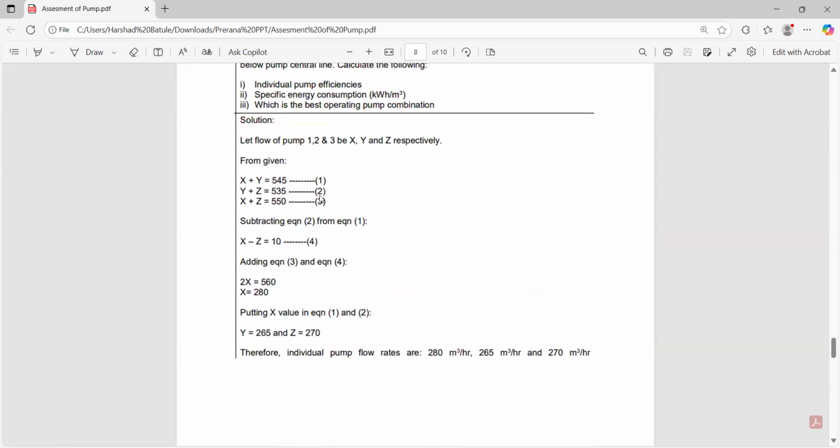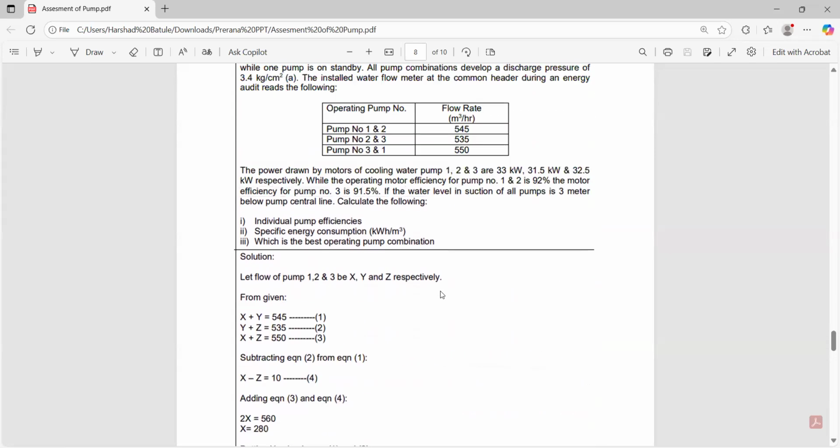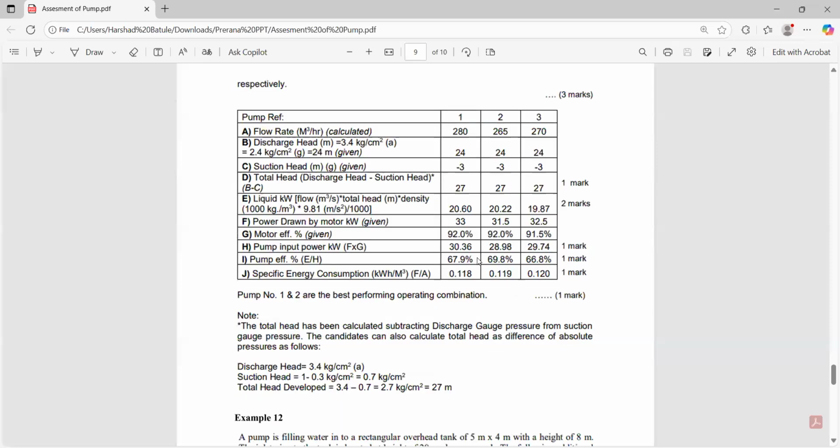You can understand from here also. Pump number 1 and 2 deliver maximum flow rate: 1 and 2 would be delivering 545 m cube, and 1 and 3 would be delivering 550. Means your pump number 1 is always better in both equations. So the best operating efficiency would be the pump number 1 and 2 combination.